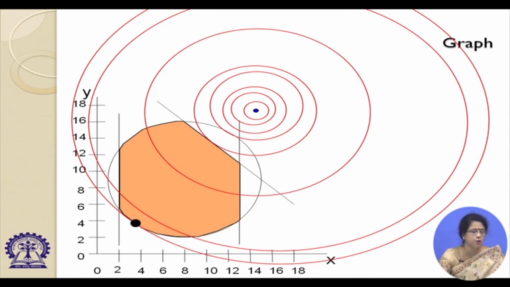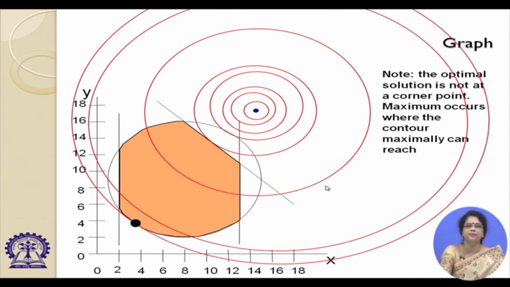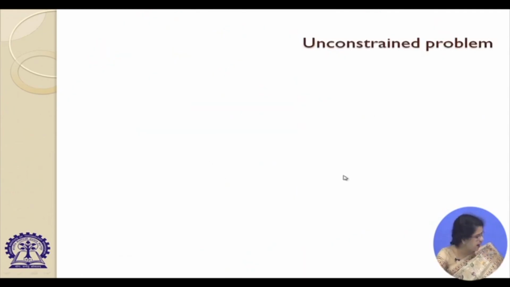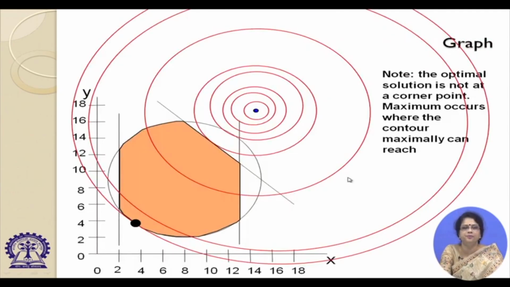If it goes further, it will be beyond the feasible space. That is why if I maximize the objective function, certainly the optimal solution will come here. Therefore we are getting the minimum at this point and the maximum at the other point. That is the beauty of nonlinear programming, and that is a complex part as well. You need to learn how to solve it.